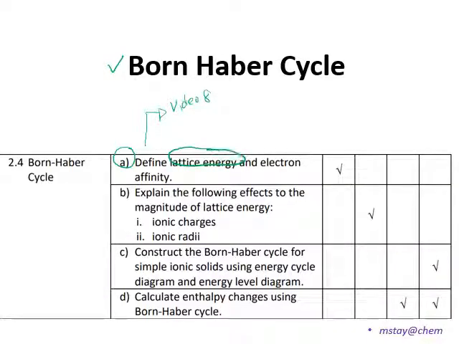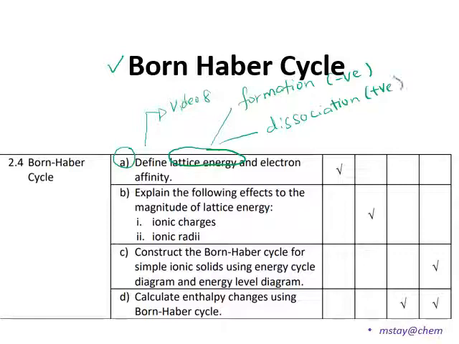As we know, lattice energy can have two types. One is enthalpy of formation, which is always a negative value, while enthalpy of dissociation and our lattice energy are always positive values. Then next, we also learned about the electron affinity in video 8 as well.